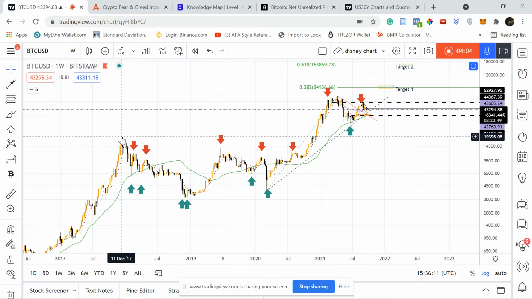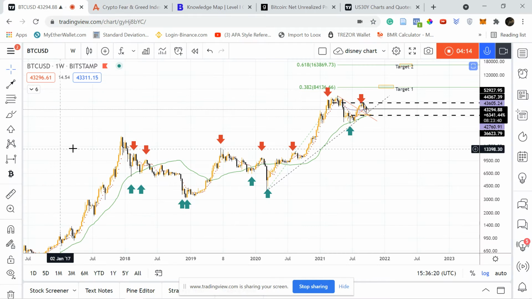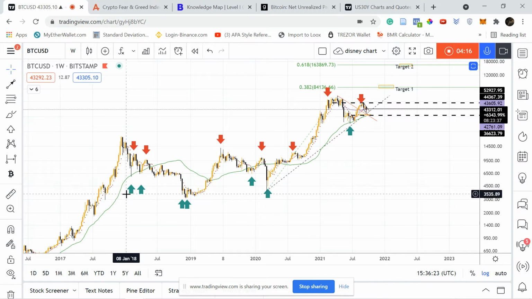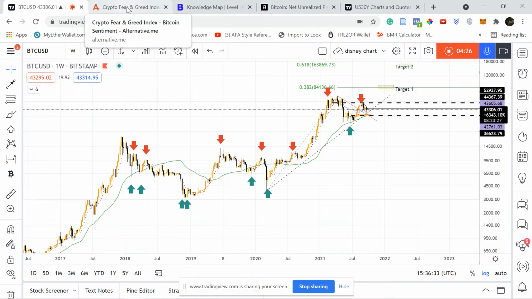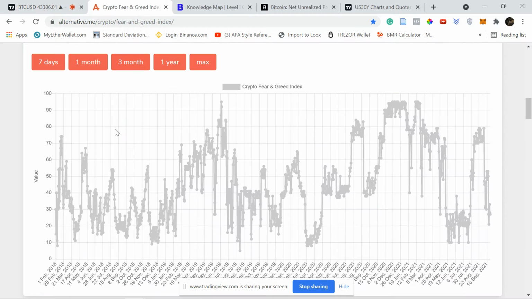Unfortunately, the top we are not able to see, because the Fear and Greed Index only goes back to February 2018. But let's start with the first bottom after the peak, the little bounce during the downtrend. Let's see what the Fear and Greed Index was on the 5th of February.